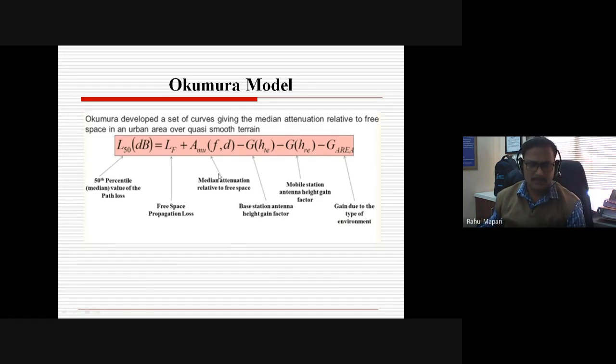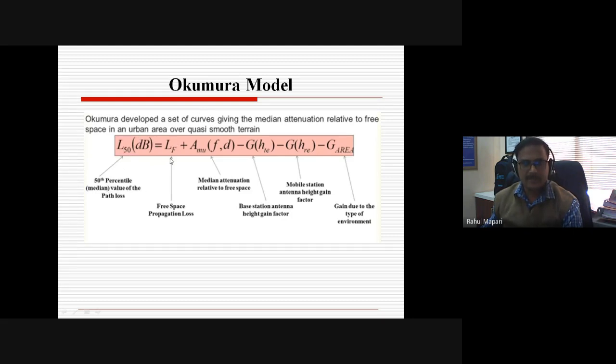The L50 dB means it is the 50th percentile, that's why it is called 50. It is called the median value of path loss.